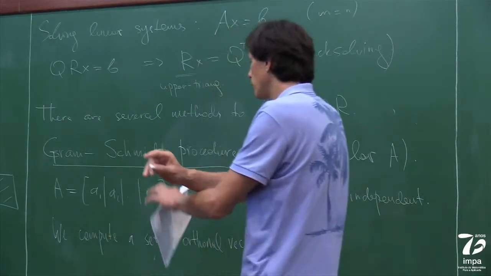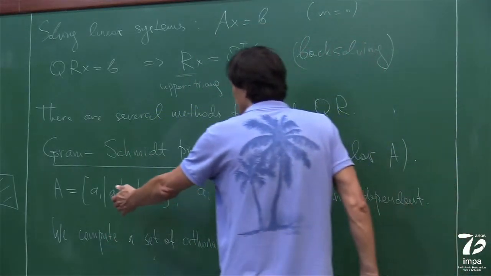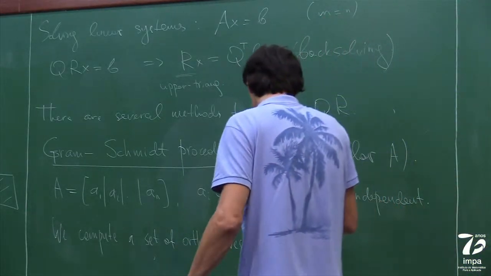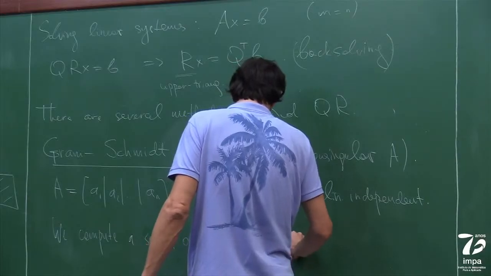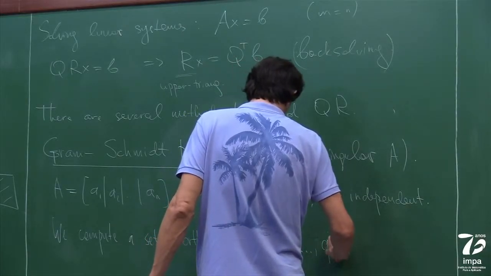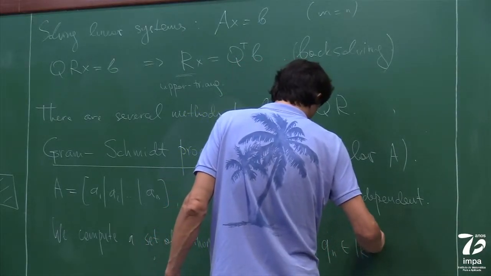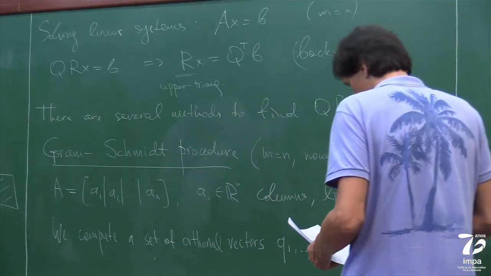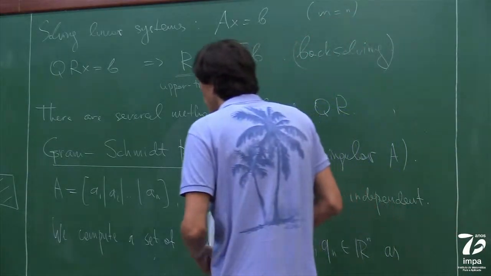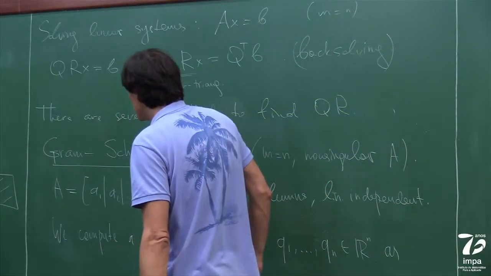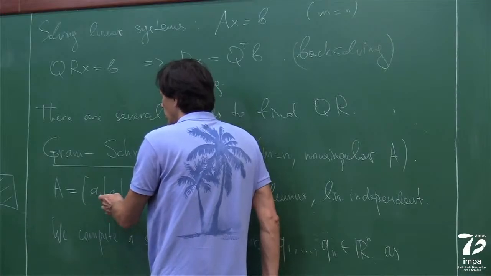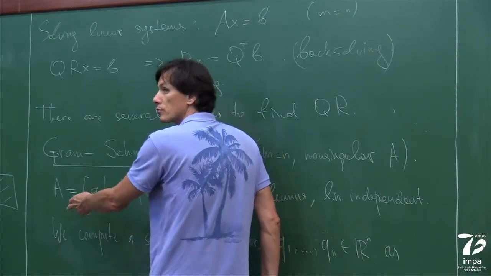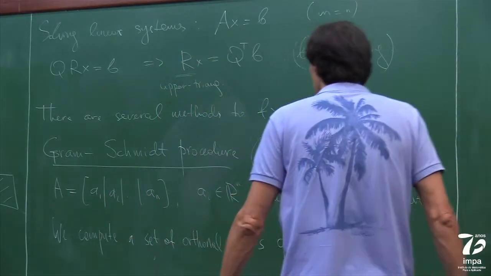From a set of vectors which are arbitrary but linearly independent, we can compute a system of orthogonal vectors in the following form. In this Gram-Schmidt procedure, you take the first vector as it is, and then you modify the second so that it's orthogonal to the first, then you modify the next so it's orthogonal to the rest, and so on. So you just make it sequential.